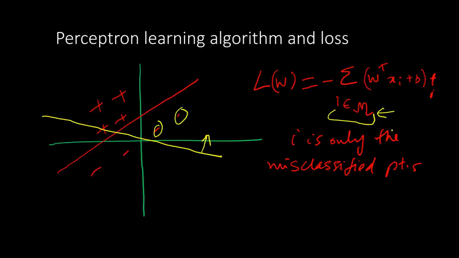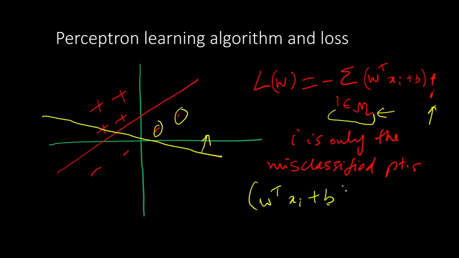And for these points, this multiplication with ti takes into account whether they fall on the right side or the wrong side. So what that means is that W transpose xi plus b has to be greater than 0 for positive labeled points and less than 0 for negative labeled points. So how can we ensure that we don't deal with a positive sign and a negative sign?